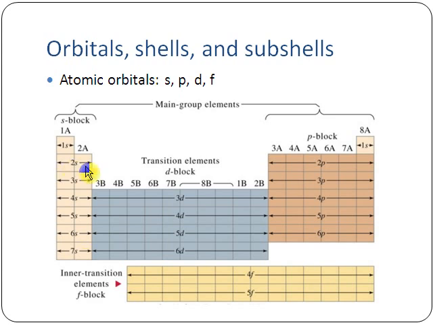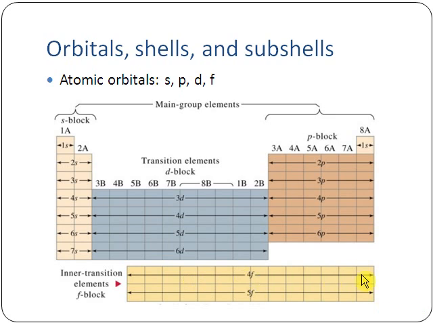So each suborbital has 2 electrons that fit into it. The s orbital has 1 suborbital. The p, though, we have a 2, a 2, and a 2. 6 total electrons, 3 suborbitals. The d has 1, 2, 3, 4, 5, 6, 7, 8, 9, 10 total electrons. 2 per suborbital would mean it has 5 suborbitals. The f has 1, 2, 3, 4, 5, 6, 7, 8, 9, 10, 11, 12, 13, 14.